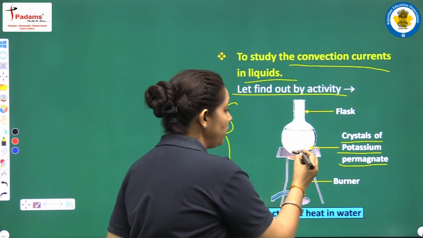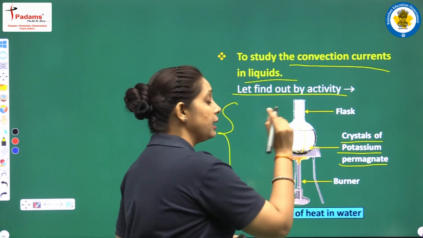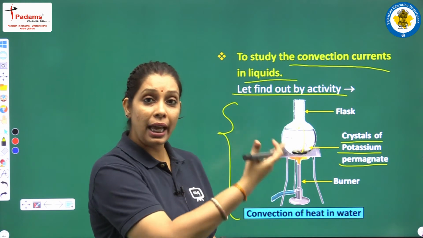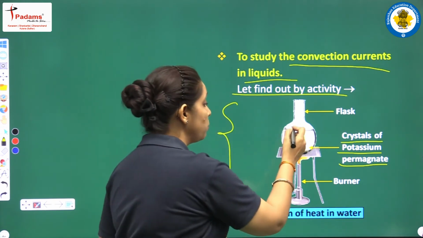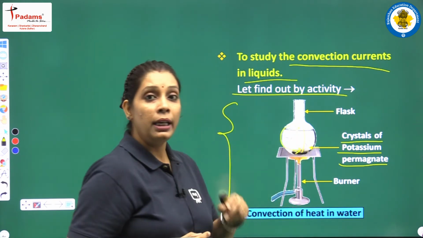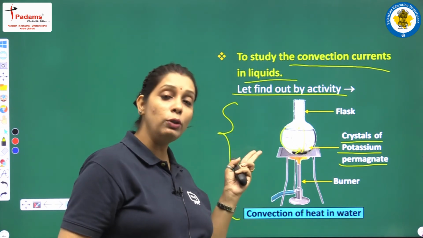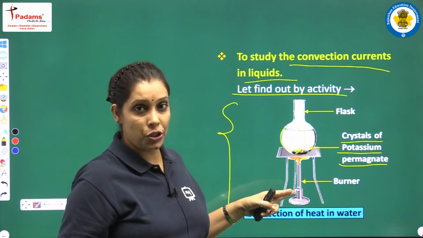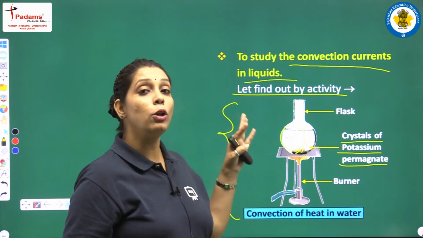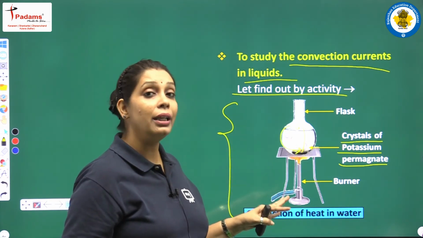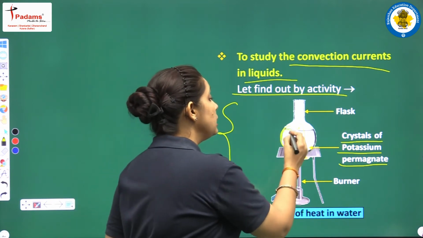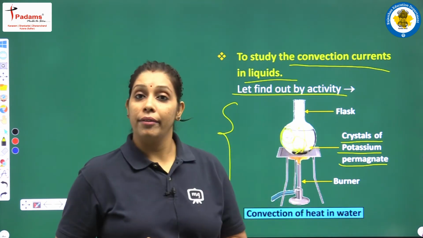So from here the water is rising up, and from the side the water takes the position of this. Okay, यहाँ से पानी ऊपर जाना स्टार्ट होगा और जो cold water है it will take its position, and we can easily observe this convection in water by these purple color currents.